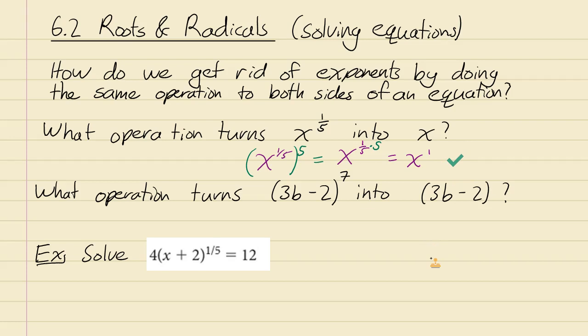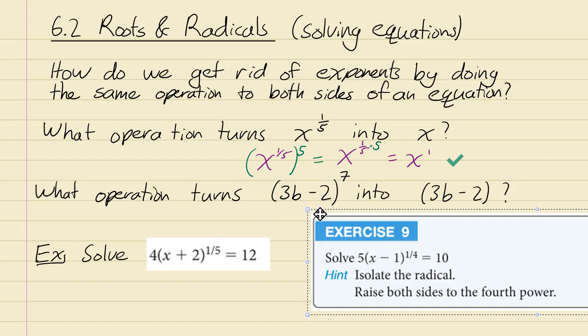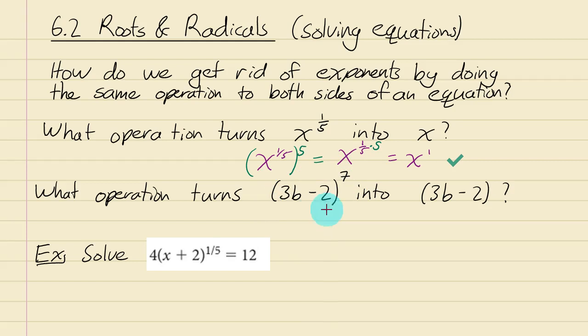Same idea here. If you have this 3b minus 2 to the power 7, and you want to do something to that to just get rid of the exponent 7, what you can do is just take the whole thing and raise it to the power 1/7.